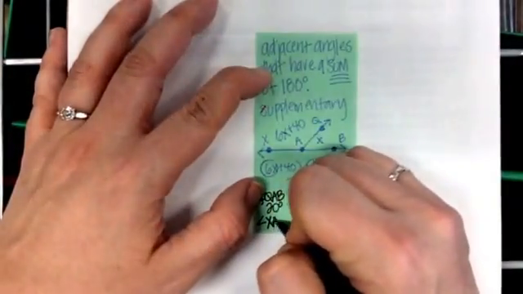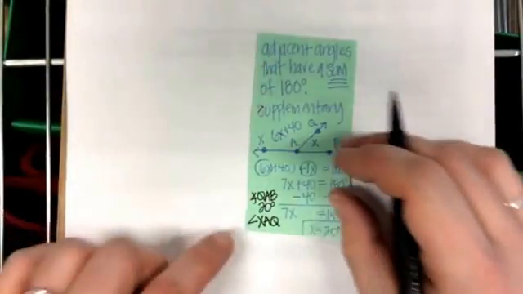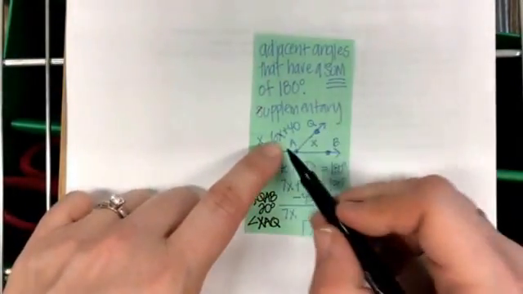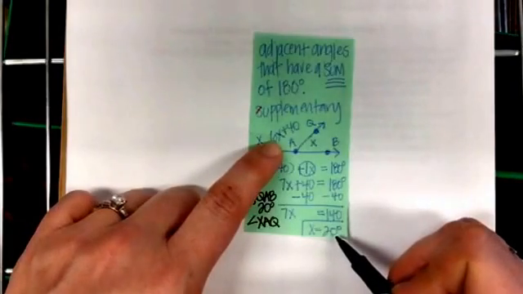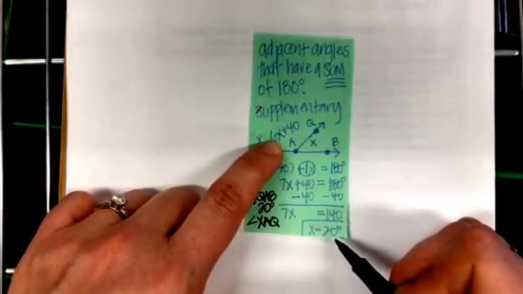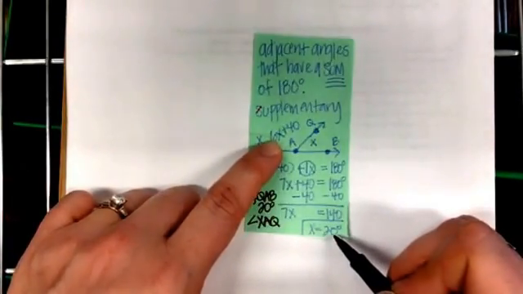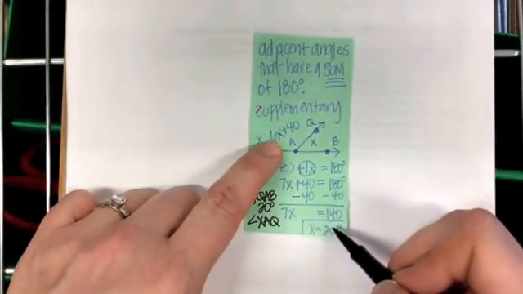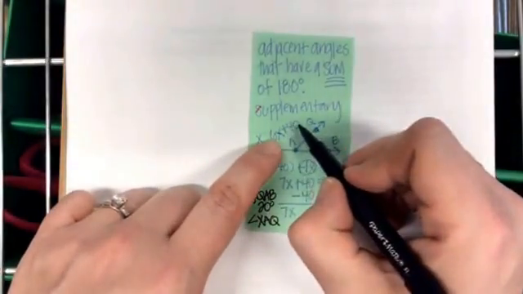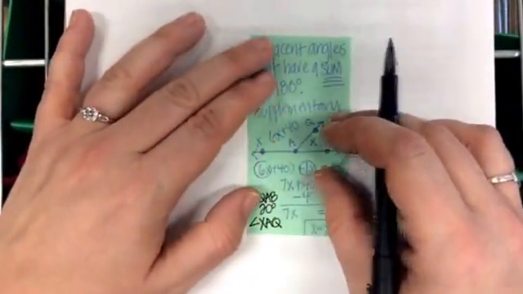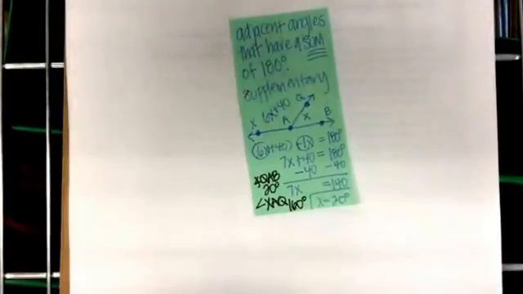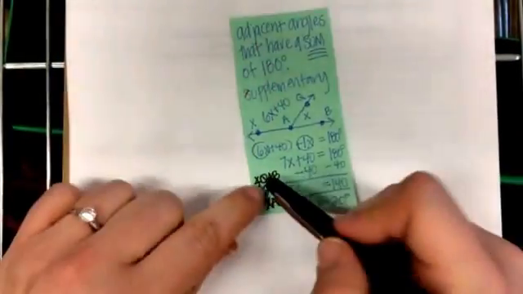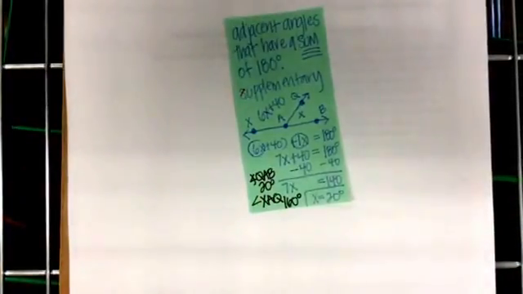That'd be 140. 6 times x, so 6 times 20 is 120. 120 plus 40, that'd be 160 degrees. Let's do math right now. And does 20 plus 160 equal 180?